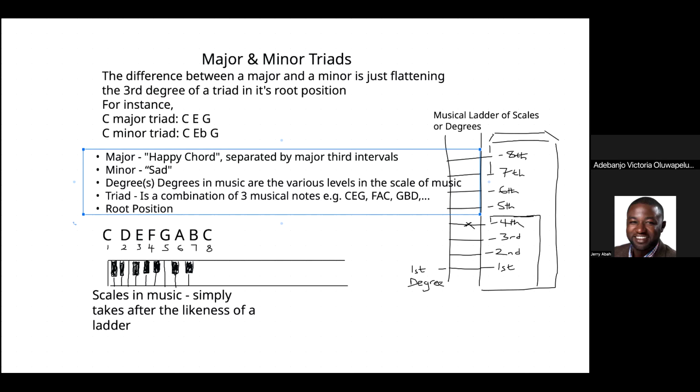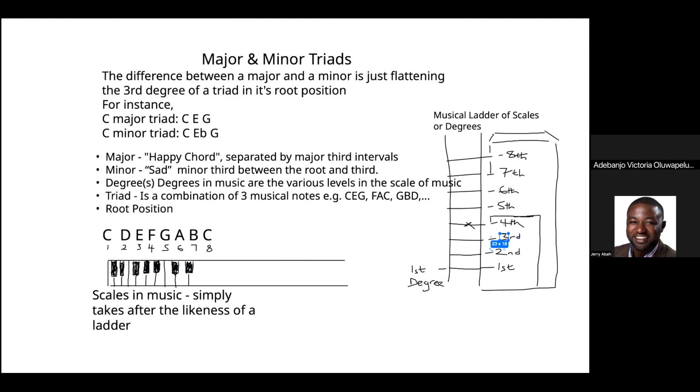Now, whenever you see all of these third or second, fourth or fifth inside of a theoretical definition, it's referring to the same thing we have on the ladder to our right hand side. First, second, third. So this is the third we are talking about. Fourth, fifth, sixth, seventh. It's the same thing.